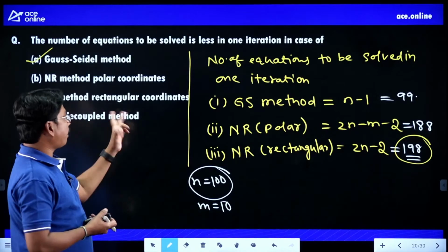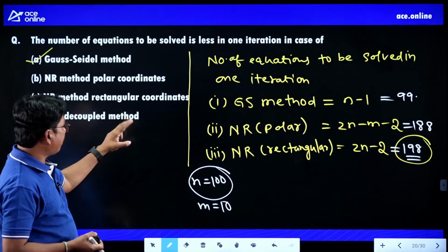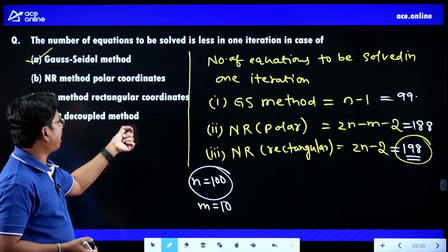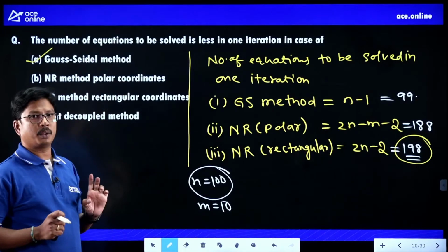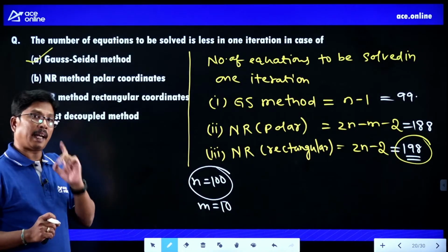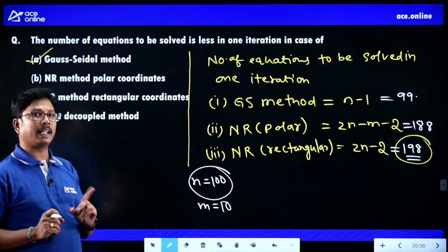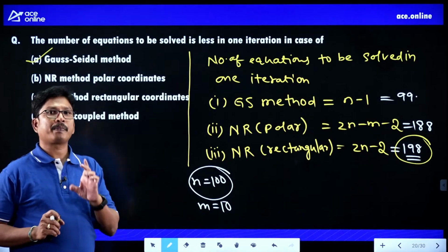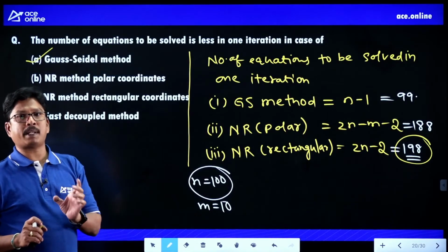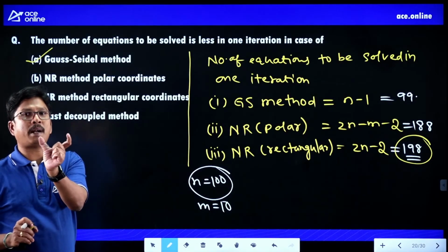And in case of the fast decoupled method, the number of equations that you are going to solve is approximately close to the Newton-Raphson method, but the overall time for convergence is very less in the fast decoupled load flow method. Why? Because we are taking more approximations, and we need not calculate the Jacobian matrix inverse.